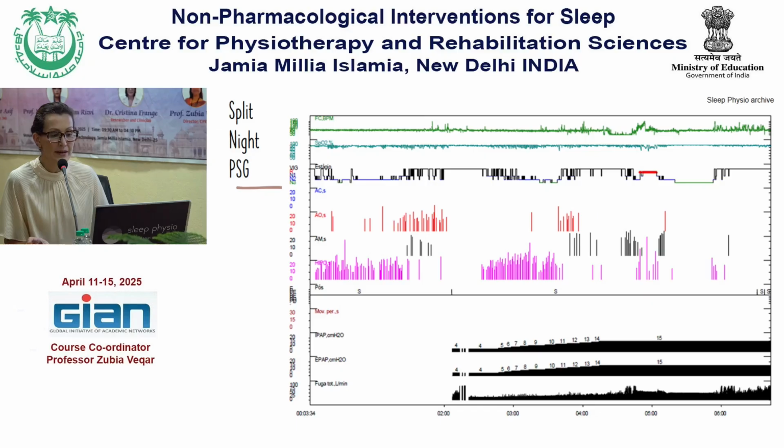The central apneas are not showing here, but they are here with the obstructive ones. So he presented a lot more mixed events in the second part of the night because of the titration.